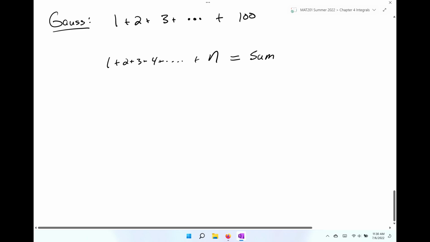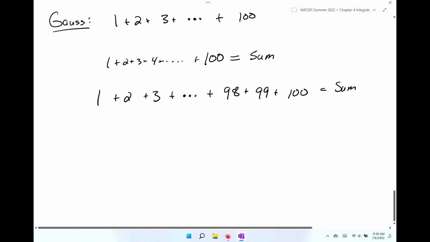Then he took a step back and said, well, the teacher wants me to go to 100. So he started listing some terms, and like I said, he knew it equaled a sum.